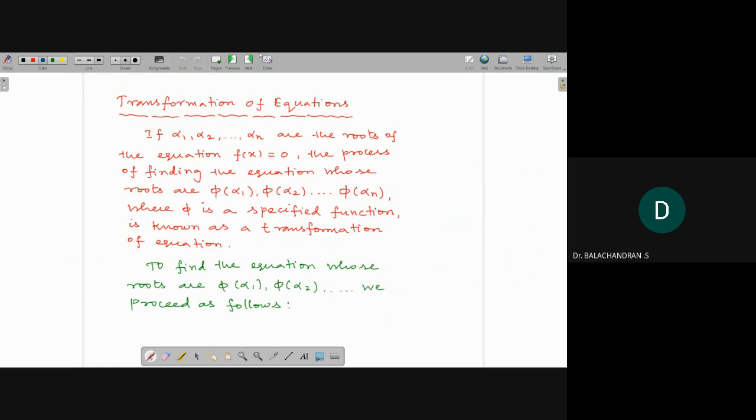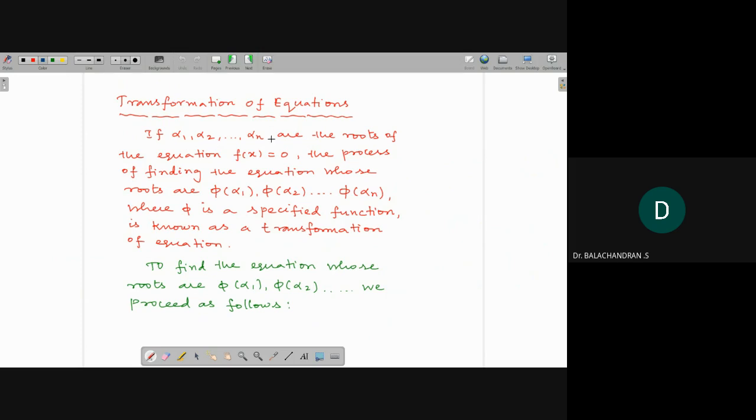Okay. So the next topic is transformation of equation. So here, what we are going to do, first I will explain that one and then we will go to the problem.